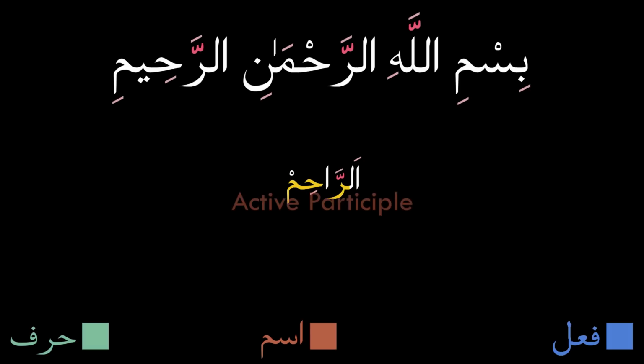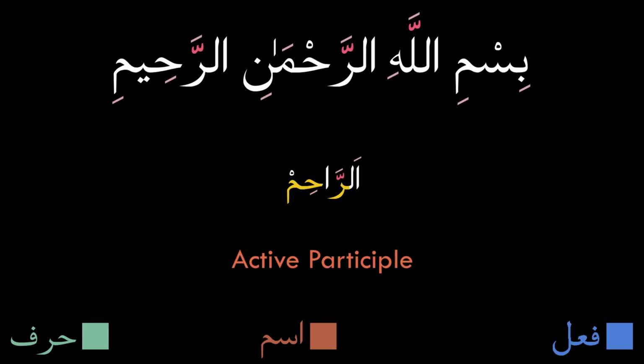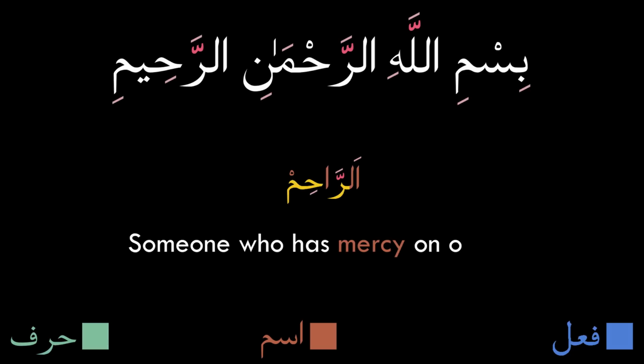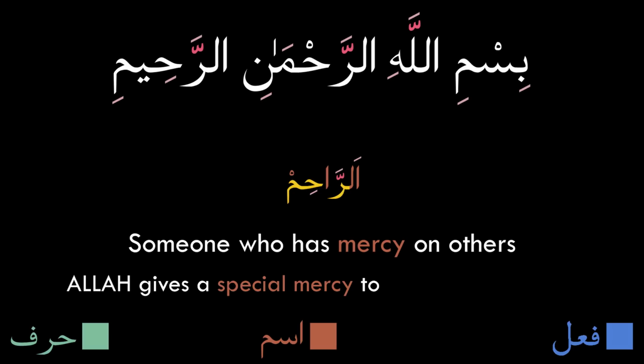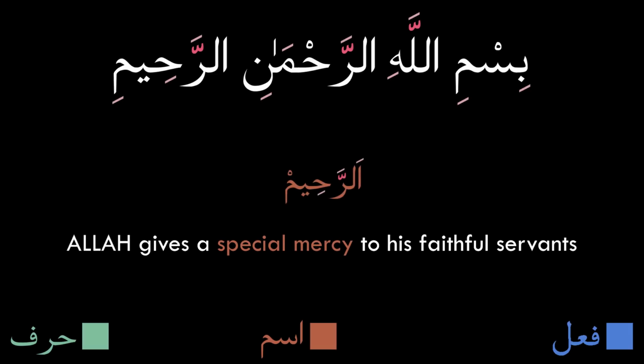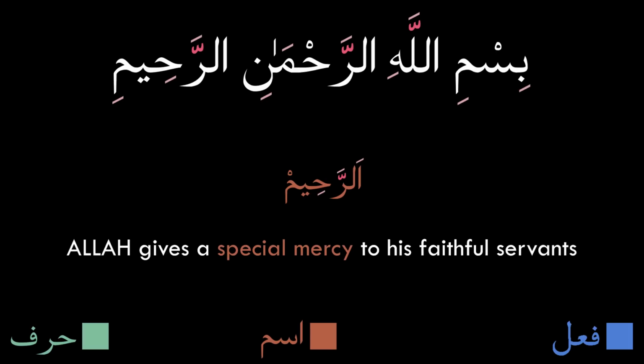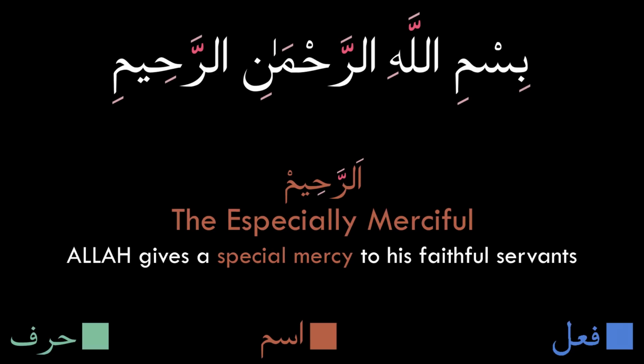Ar-Rahim is an active participle, or ismu fa'il in Arabic, and this adjective is given to anyone who has mercy on others. But because Allah gives a special mercy to His faithful servants, عِبَادُهُ الْمُؤْمِنُونَ, so instead of calling Himself just Ar-Rahim, He called Himself Ar-Rahim, which gives this adjective more intensity, and we translate the word by the especially merciful.